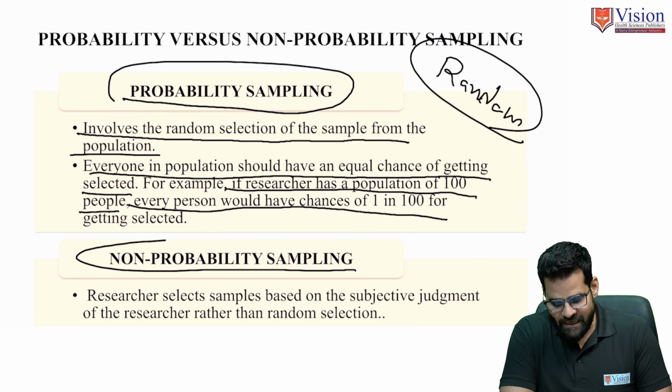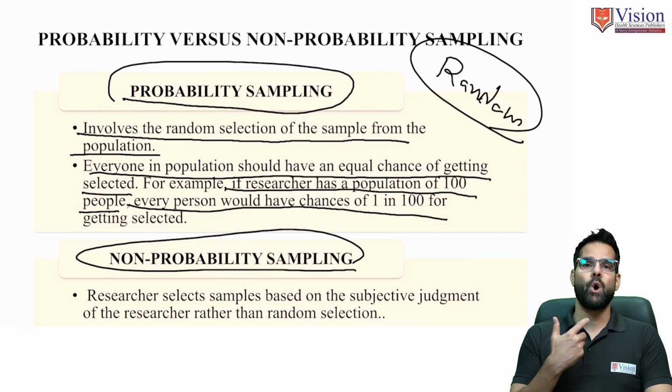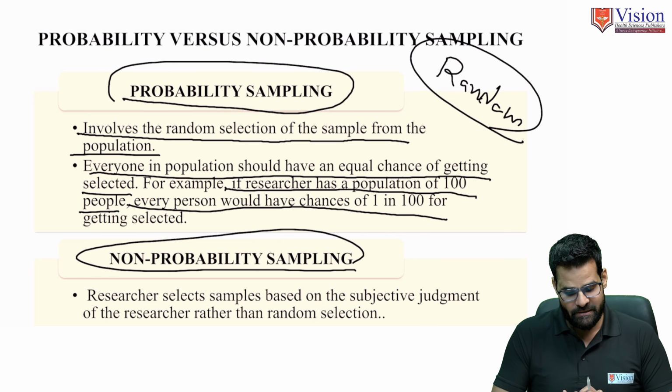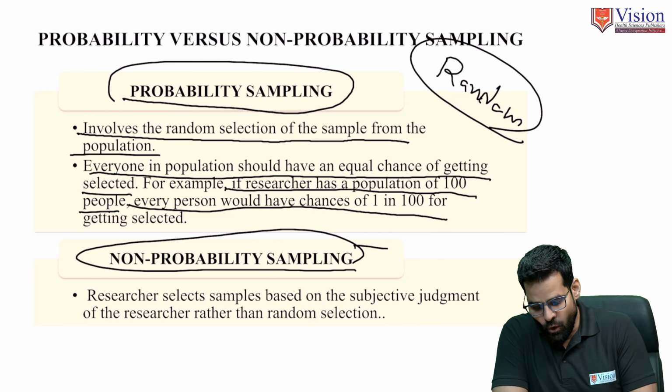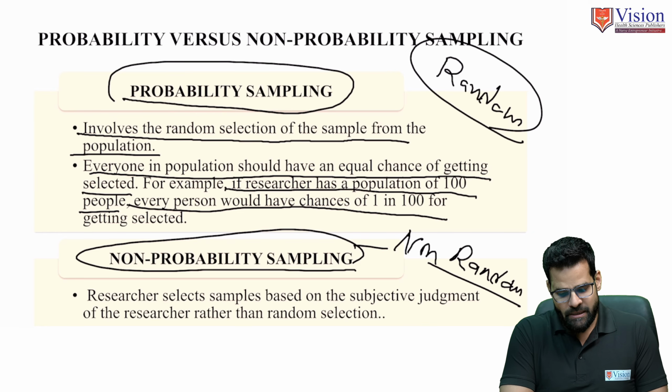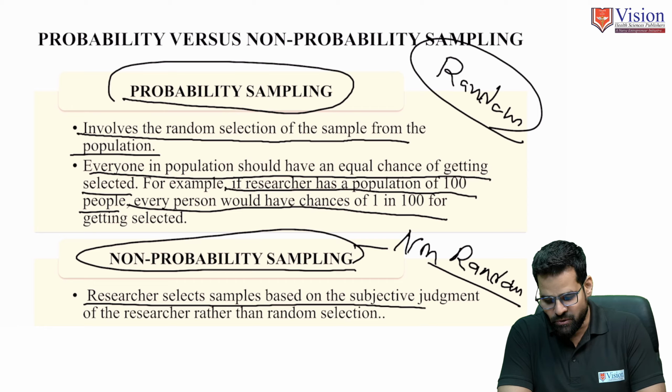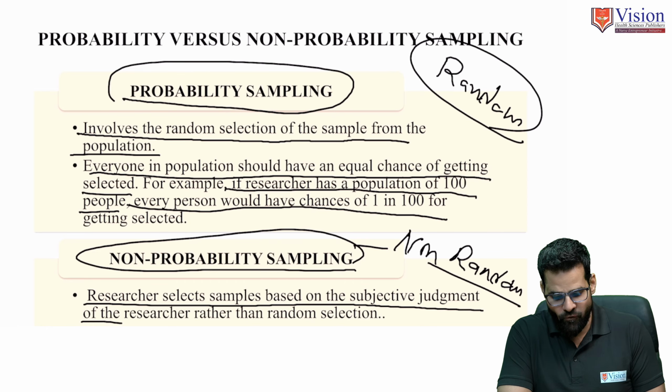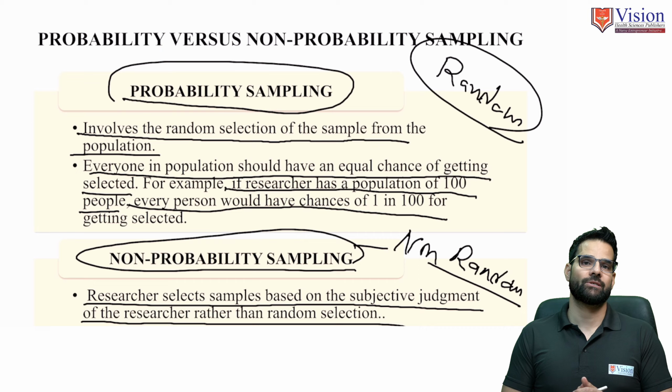In contrast to that, the other important technique is non-probability sampling. Here the word is non-random. Researchers select the sample based on the subjective judgment of the researcher rather than random selection.